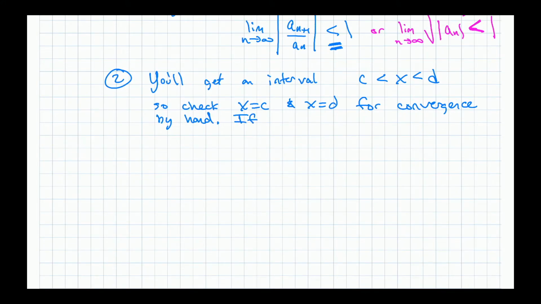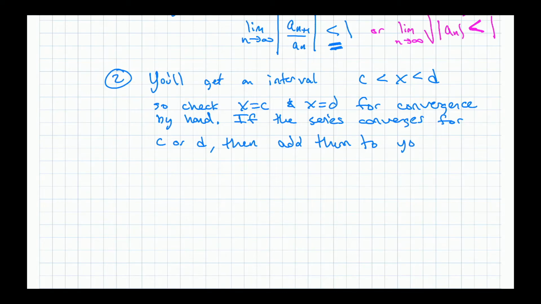If the series converges for those x values, C or D, then you add them back into the interval. How would you add them?